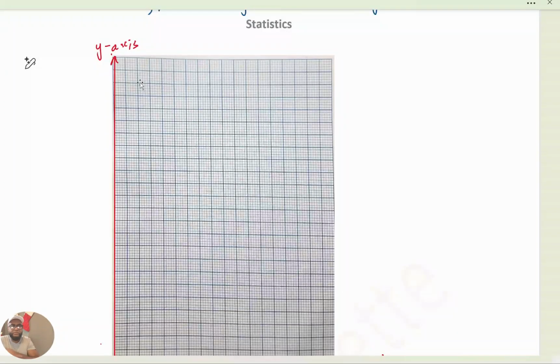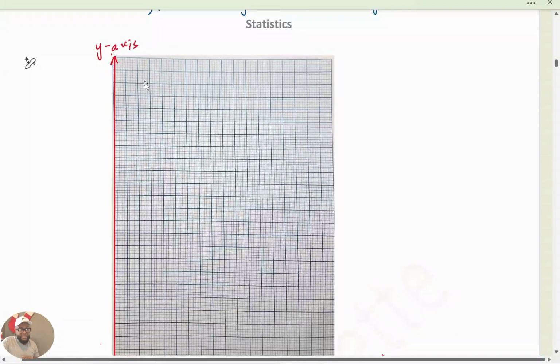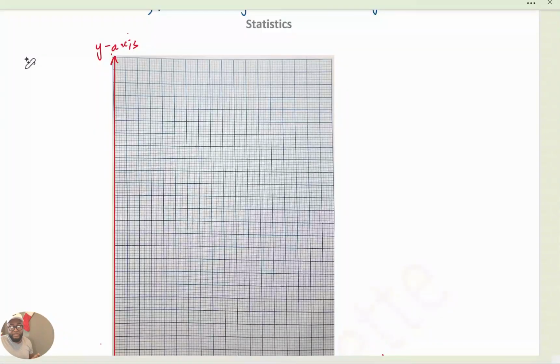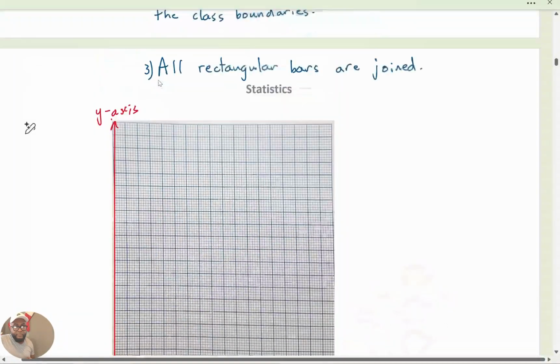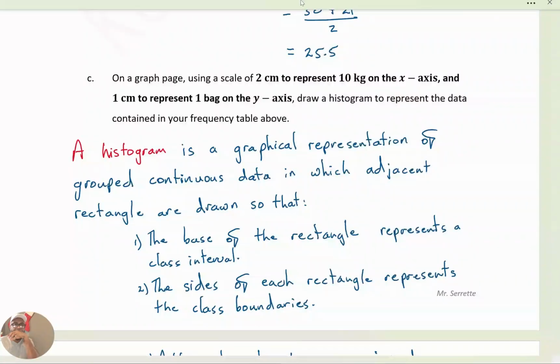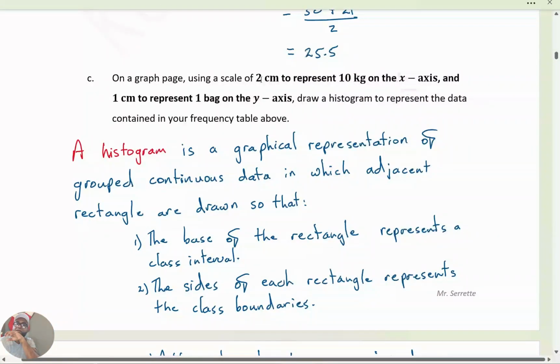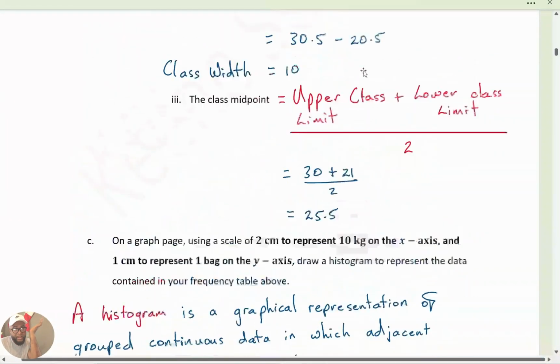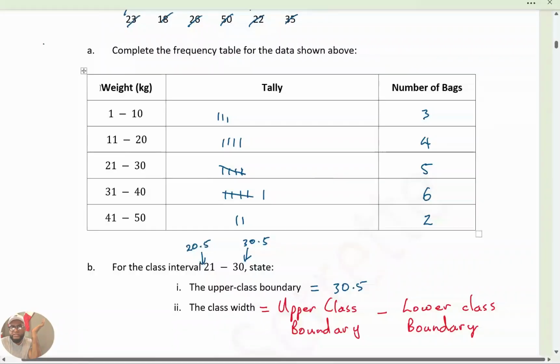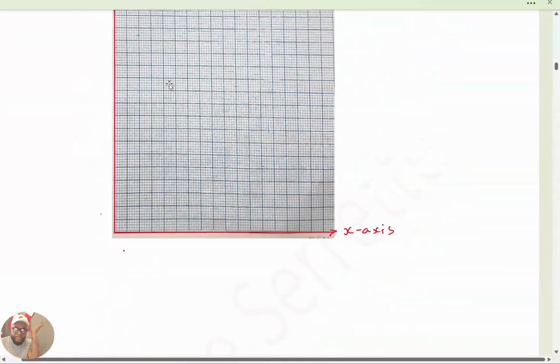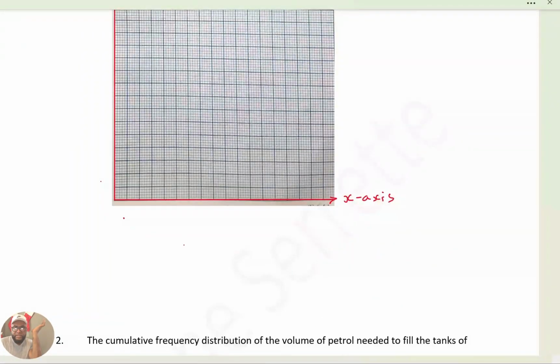Right before the Christmas break, we did graphs and charts, so everybody's supposed to be efficient in these things, right? So 10 centimeters to represent 10 kilograms on my x-axis and 1 centimeter to represent 1 bag on my y-axis. My x-axis will be the weight, right? Please label your axis.